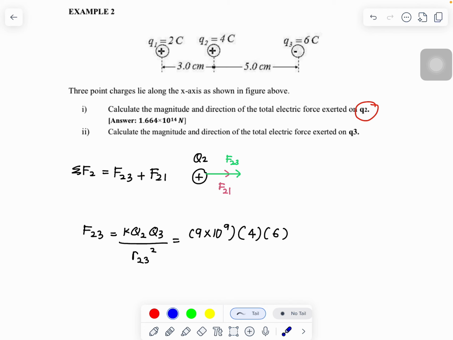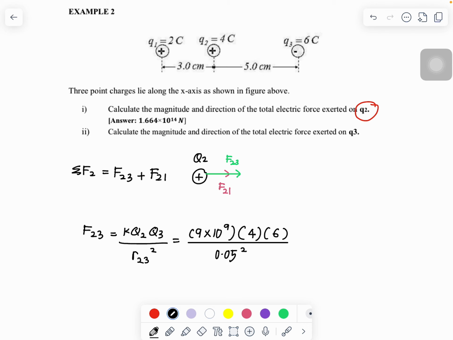Okay, dia bukan based on the sign, it's based on the drawing. That's why you have to draw first. And then divided by distance between them, between 2 and 3, which is 5 cm. Don't forget to convert to meter, which is 0.05, and jangan lupa square.